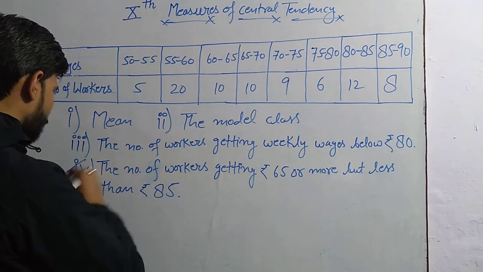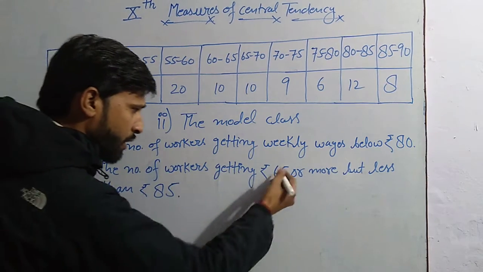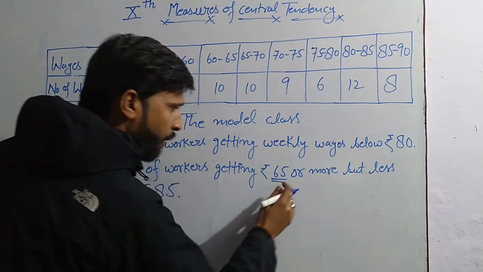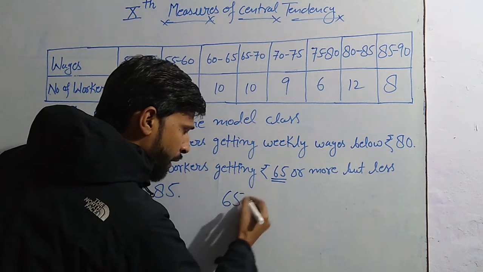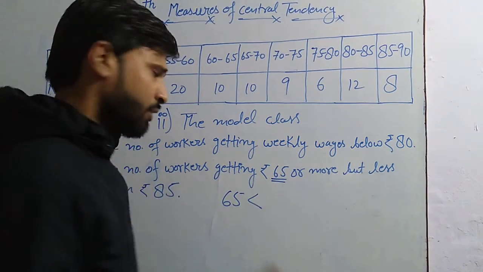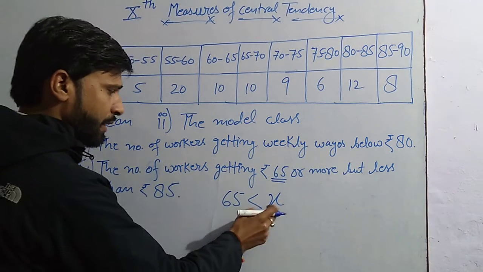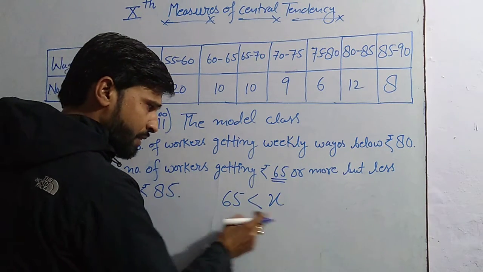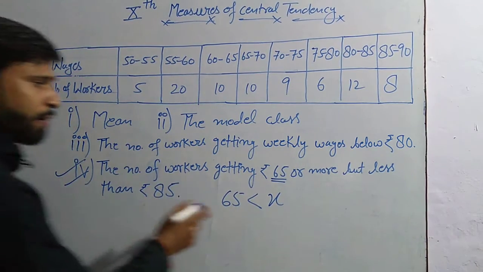Now the fourth question may be converted into this form. 65 or more means, if we consider x as a number, then x is greater than or equal to 65 but less than 85.